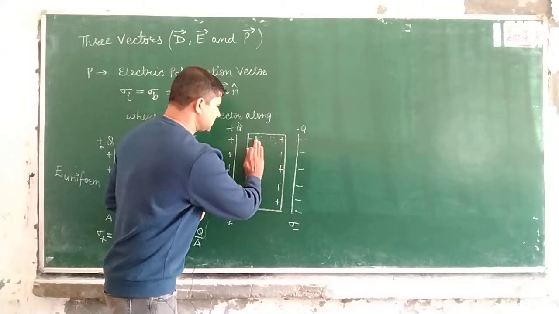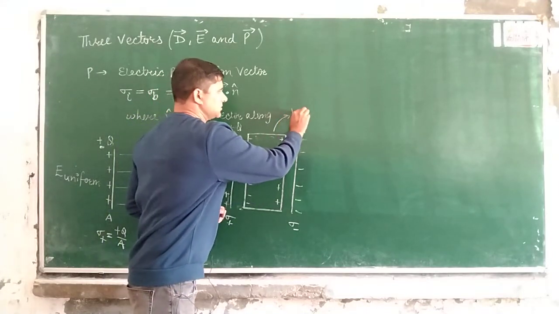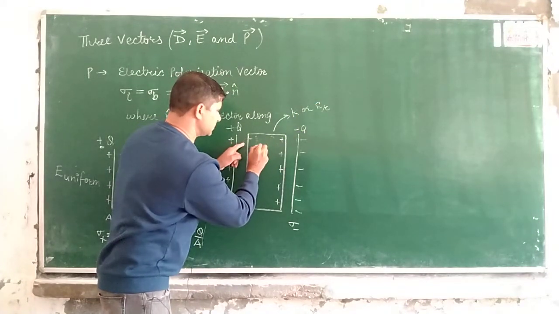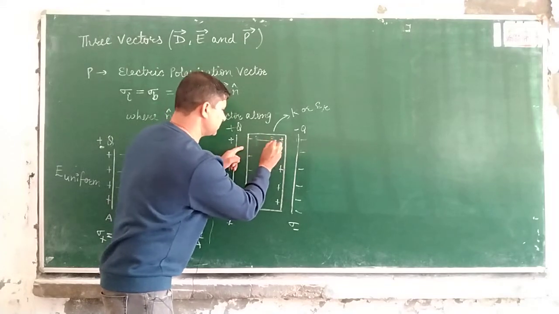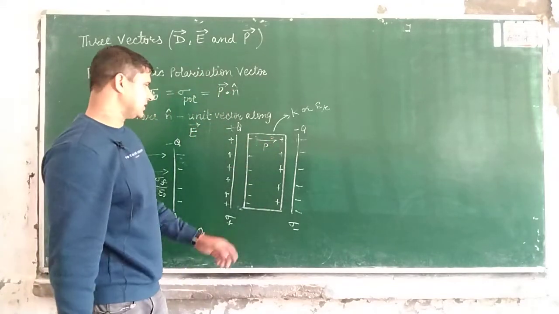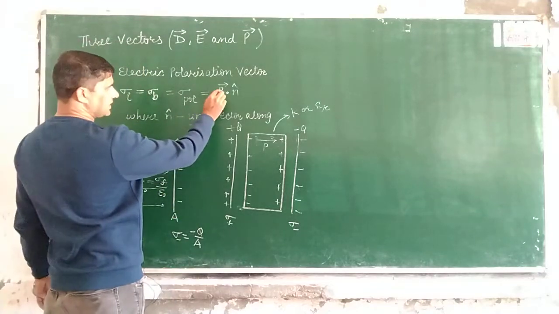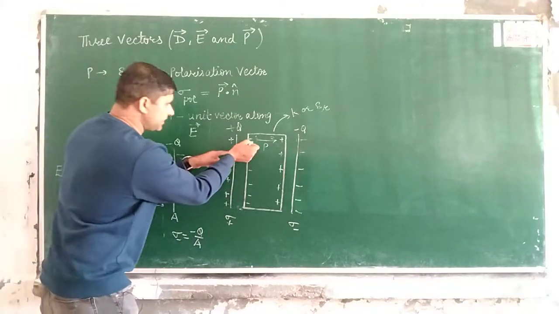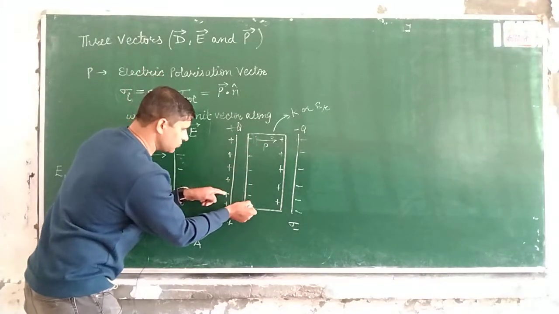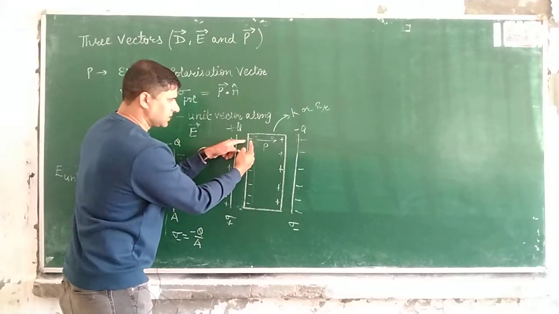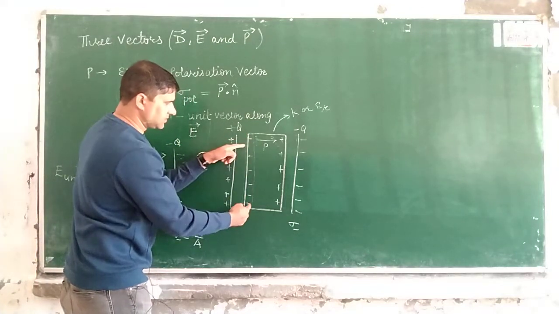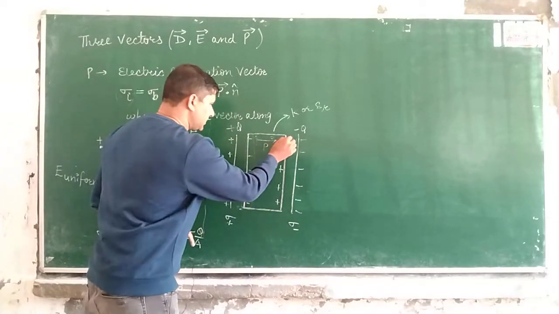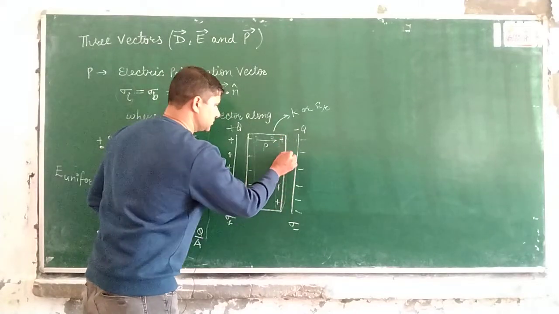The direction of polarization is from negative to positive, and this is represented by vector P. In the previous lecture we have seen that vector P dot unit vector n is sigma I, which is available on the surface. So this is the induced charge, and the charge density of induced charge on the surface is sigma I. And here the charge density is positive.